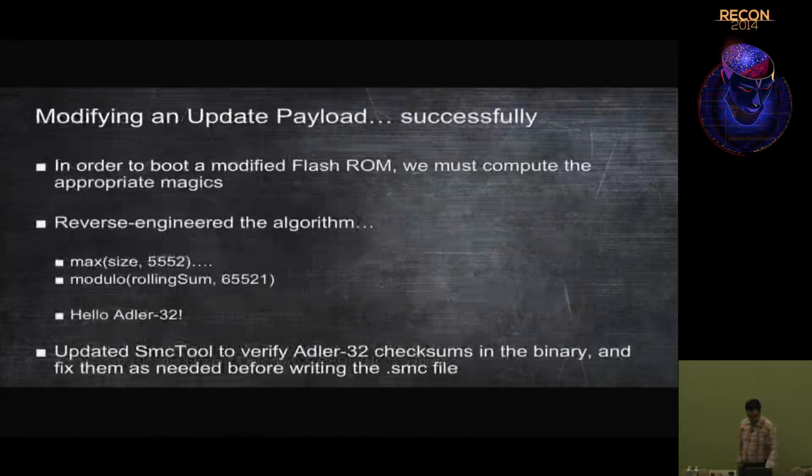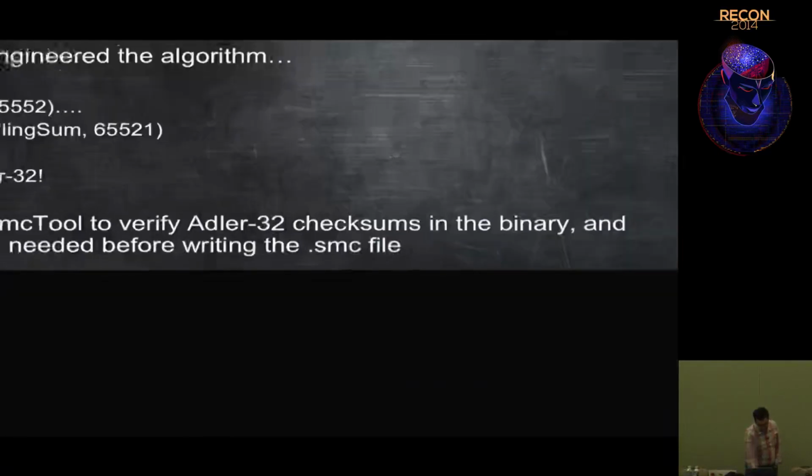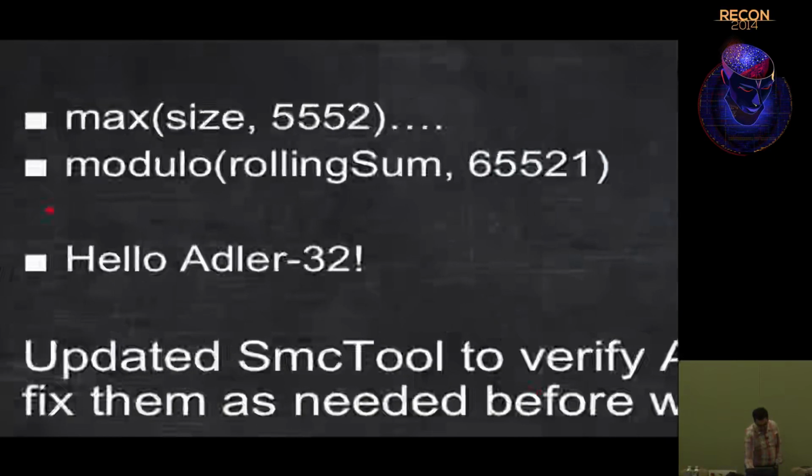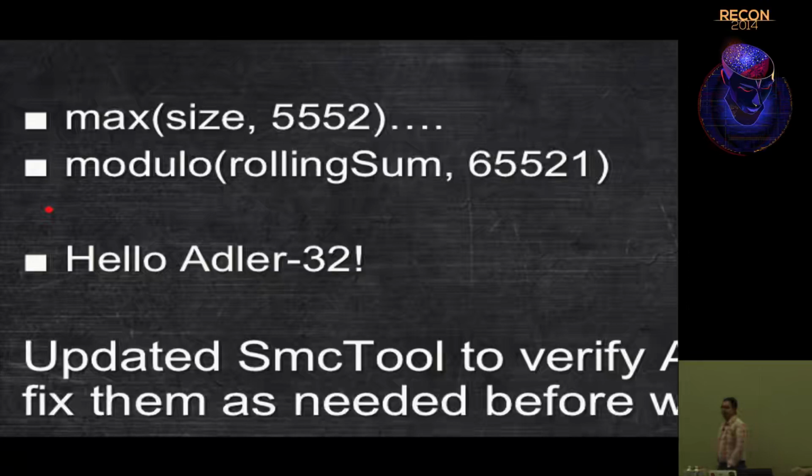So I went ahead and reverse engineered the protocol, the algorithm. And the algorithm is fairly simple, but you instantly notice that it does a maximum with 552 and a modulus 65521, which are the well-known magic numbers for implementing Adler32, which is an old checksumming algorithm that's actually still used in many things today, including the zip format.